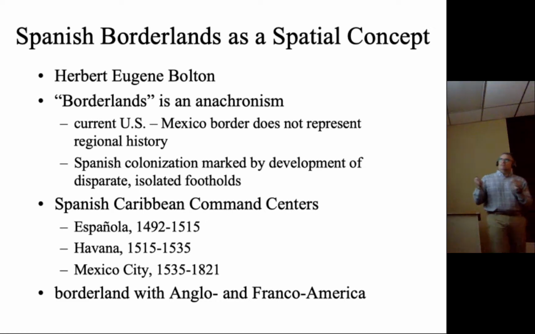But anyway, the Borderlands concept is in some ways, and Nostrand notes this, kind of an anachronism, in that the border between the United States and Mexico has always been a zone where there's some commonality. So, in fact, the northern part of Mexico and the southwestern part of the United States have a lot more in common than the northern part of Mexico does with southern Mexico, or the Southwest does with the rest of the United States West.